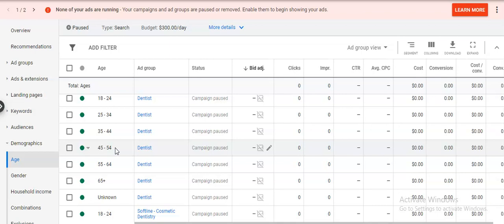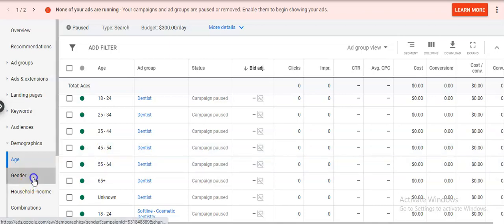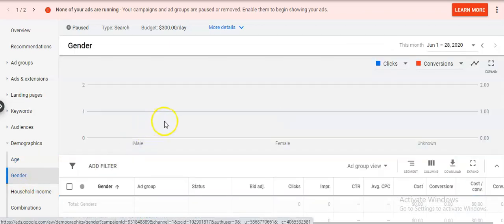Similarly, the gender. Of course, you can, for example, create a separate campaign targeting males, a separate campaign targeting females. That is possible. And on the male ad, you might talk something else. You make it more attractive for the male searcher. Maybe on the female ad, you could make it more attractive for the female searchers.